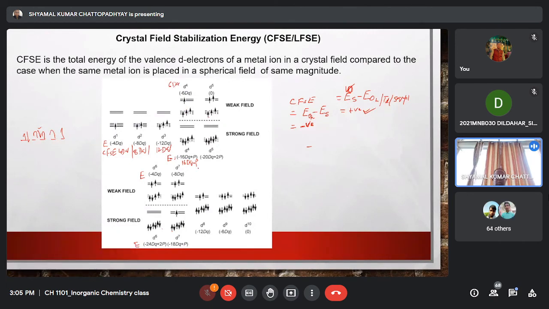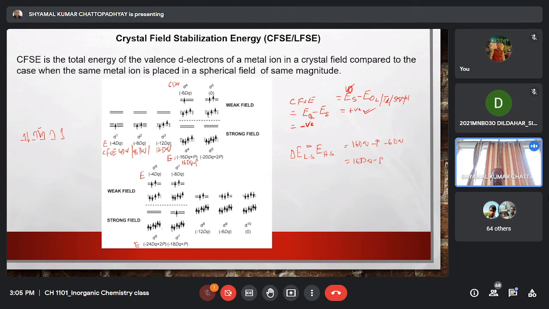So if I calculate the energy gap, low spin minus high spin, it is 16 Dq minus P minus 6 Dq, equal to 10 Dq minus P.